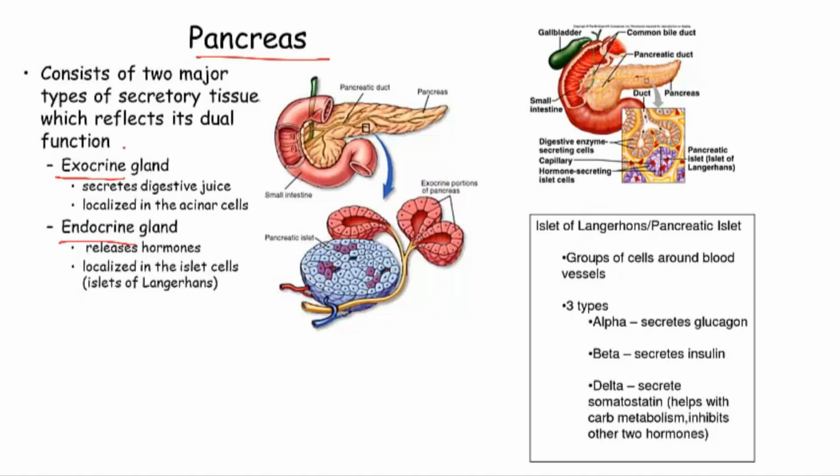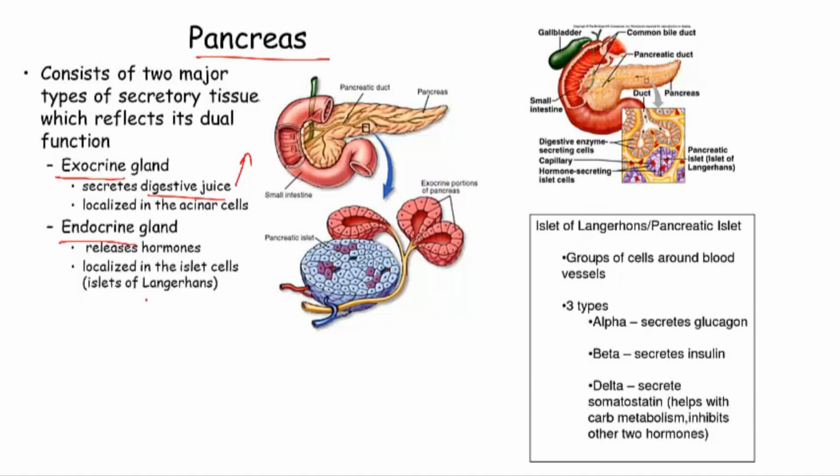The exocrine activity of the pancreas involves digestive juice production, and that juice helps us digest proteins and fat. The endocrine cells present in the pancreas secrete some very important hormones that control the glucose level in our body, as well as a few other functions.